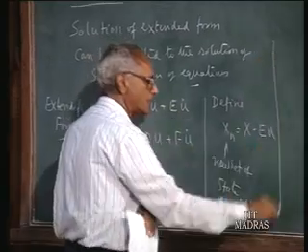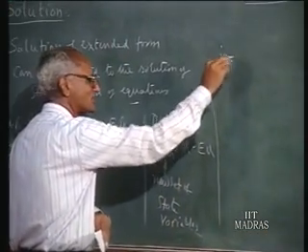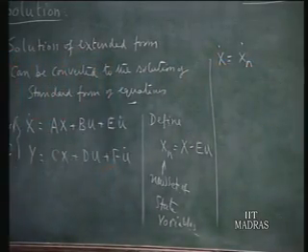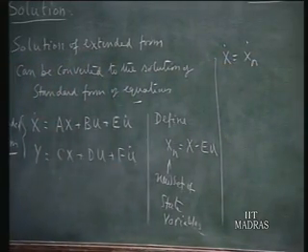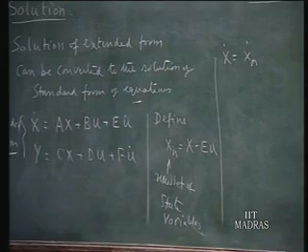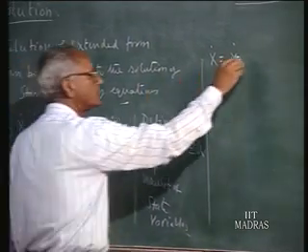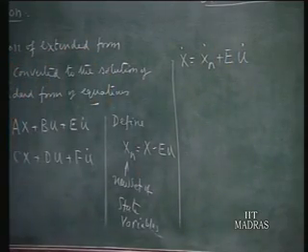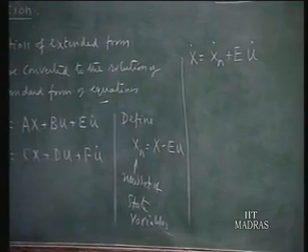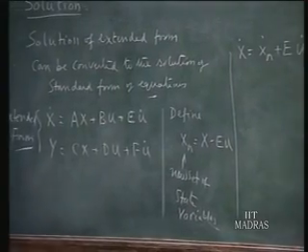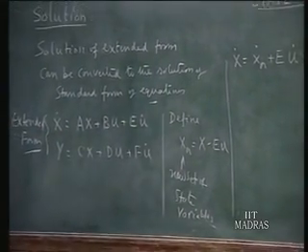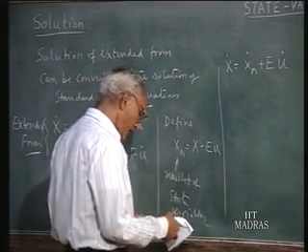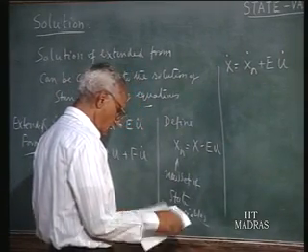Consequently, you can write x dot equals xn dot plus E times u dot. Right? So you can substitute for x dot as xn dot plus E u dot in this, and you can simplify.